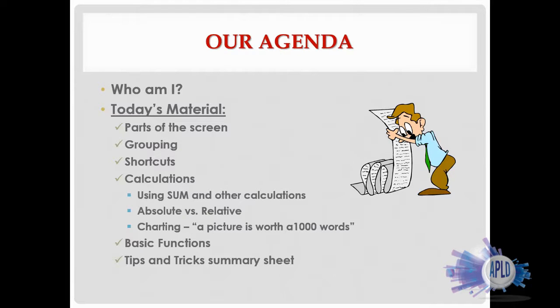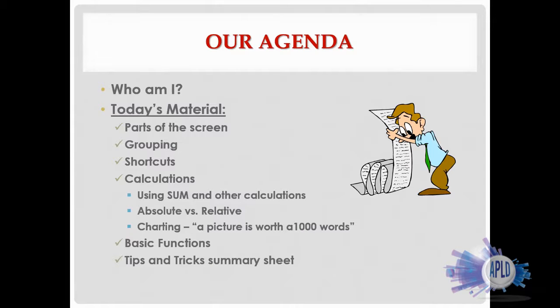We're going to talk also about grouping, and I'm going to show you some shortcuts. Excel is very, very big on shortcuts. I don't know about you, but I would rather do one or two keystrokes rather than 5 or 6. And then the main part of what we're going to do today is talk about calculations, because that's what Excel is really all about. We're going to talk about the sum function, which is the most used function in Excel, and several of the other calculations that are also used a lot.